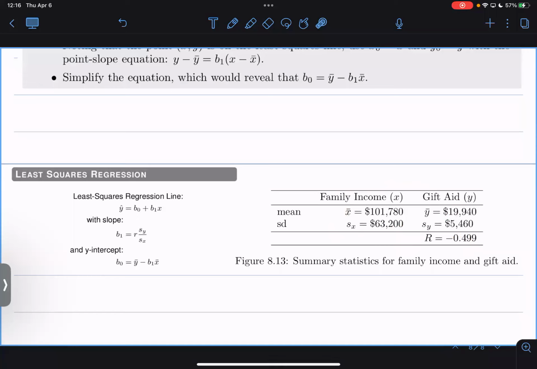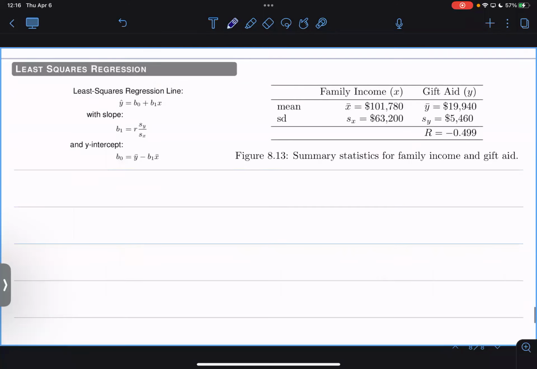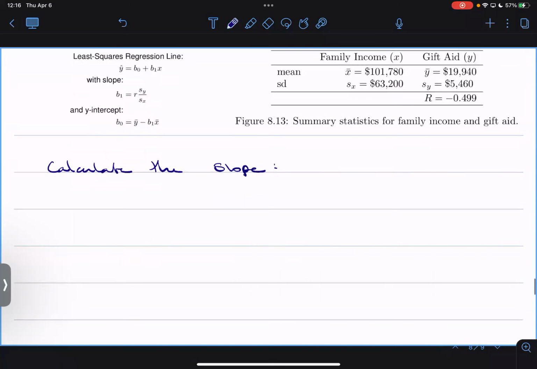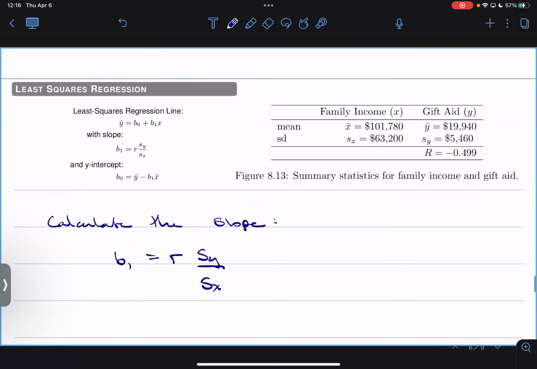Okay, so now we're going to calculate the slope. The slope is the correlation times SY over SX.